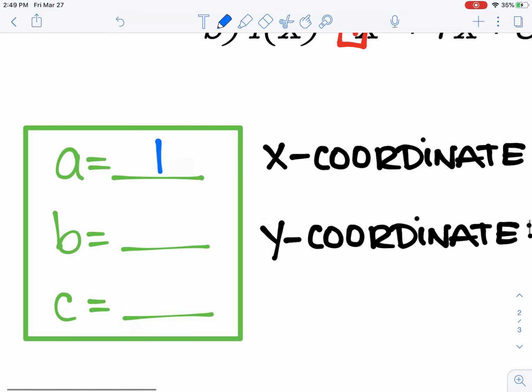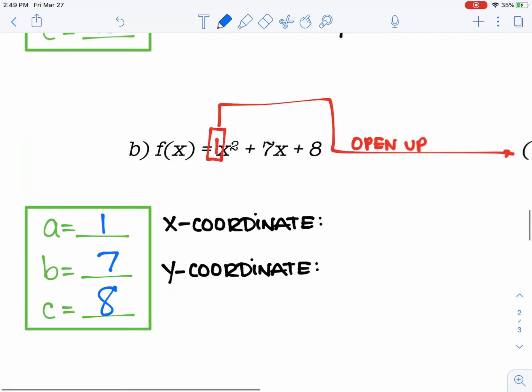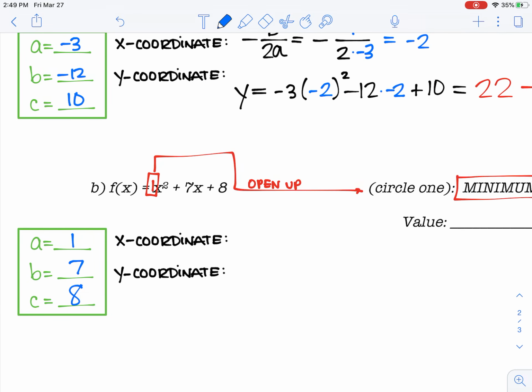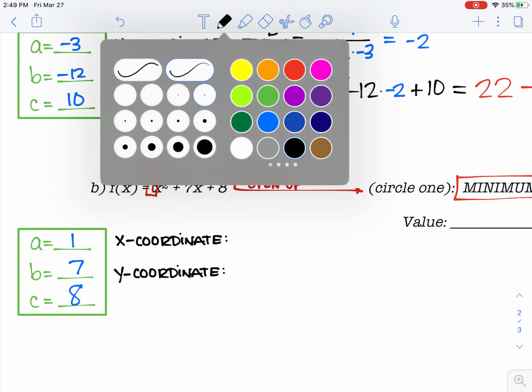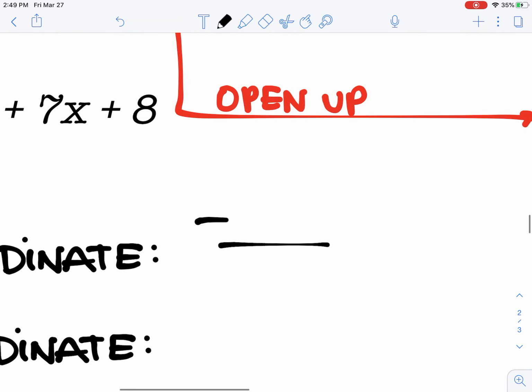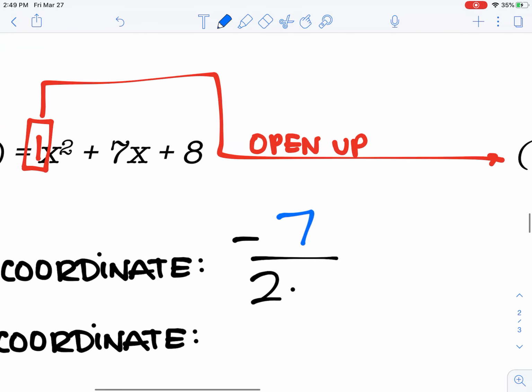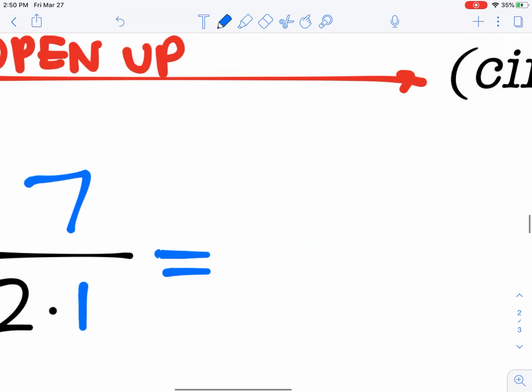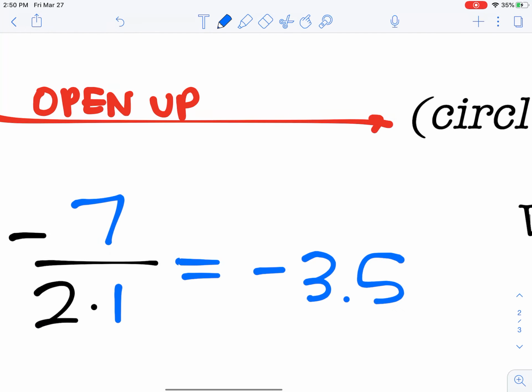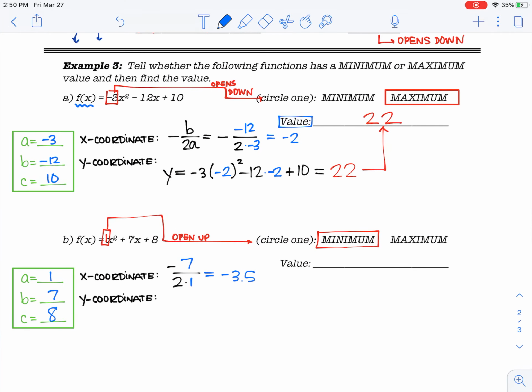So for part B, a is 1, b is 7, and c is 8. Our x-coordinate is the opposite of b over 2 times a, so the opposite of 7 over 2 times 1, which should give us a lovely decimal of -3.5.